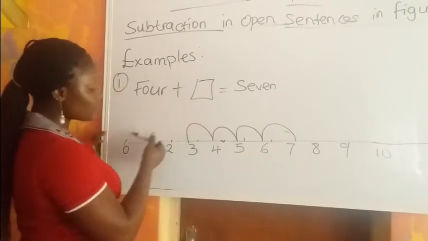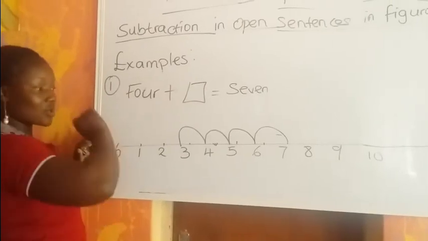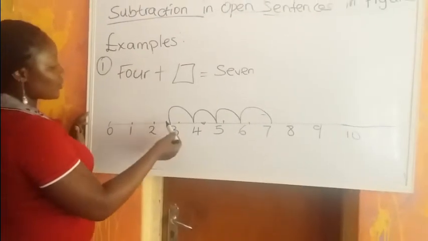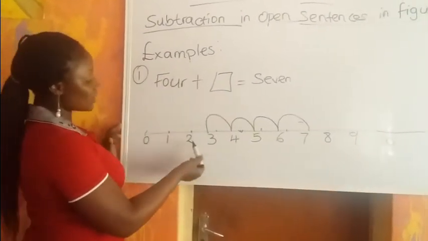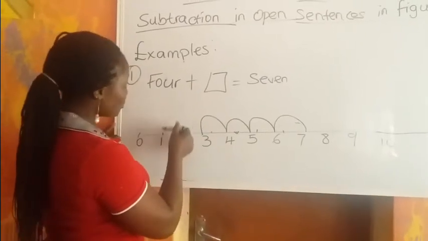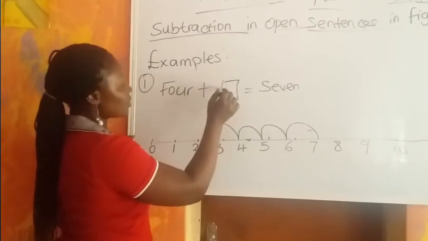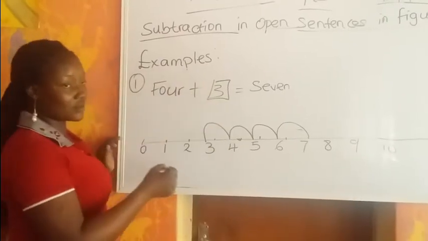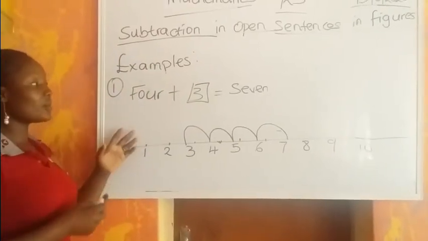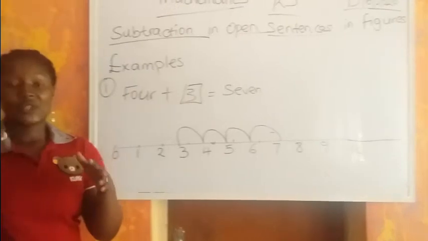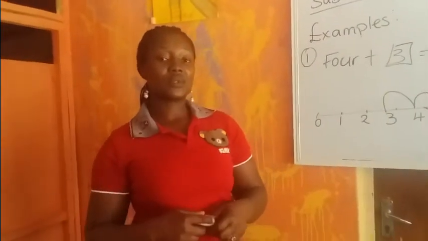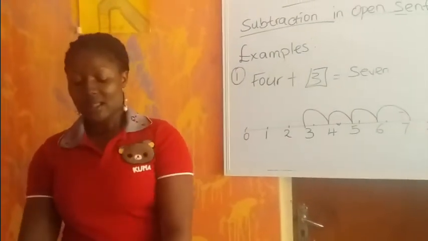But when counting from this side, you must use your 0. You must start from 0. So now, from 3 to that 0, how many numbers are we still left with? We have 1, 2, 3. We still have 4 plus 3 is equal to 7. So you can either use your number line or your strokes or pebbles when working this.